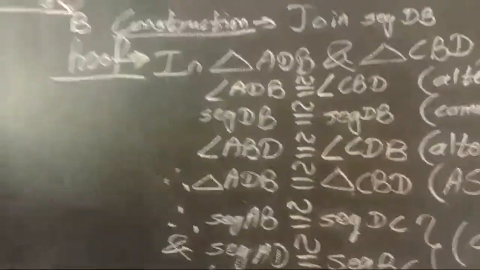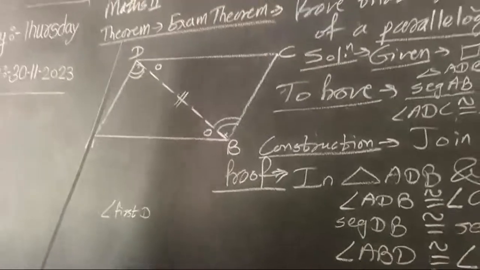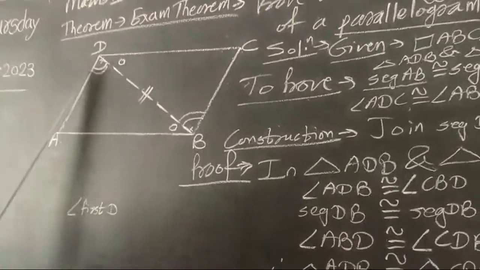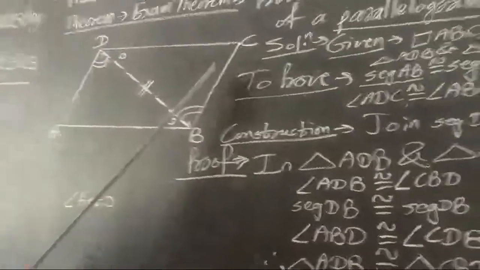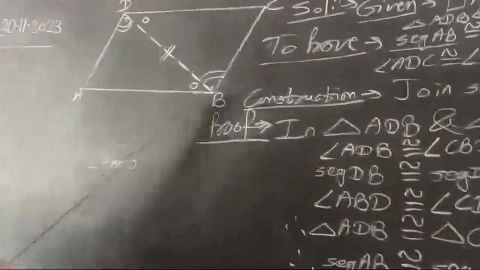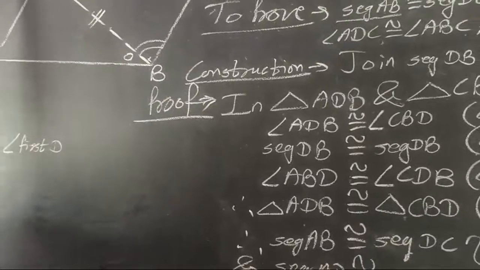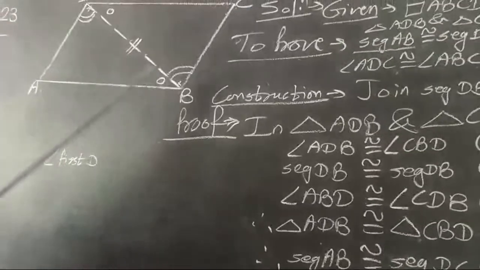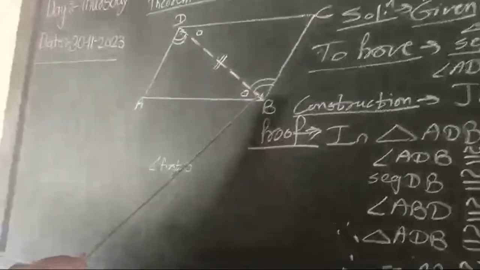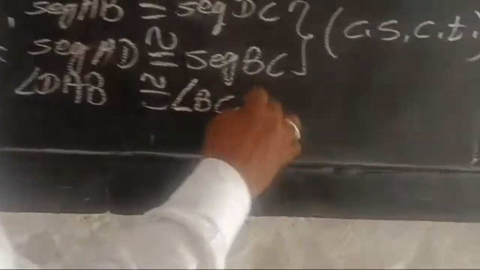Start from the small side, big side: DAB and BCD. This is one correspondence. Angle BCD.